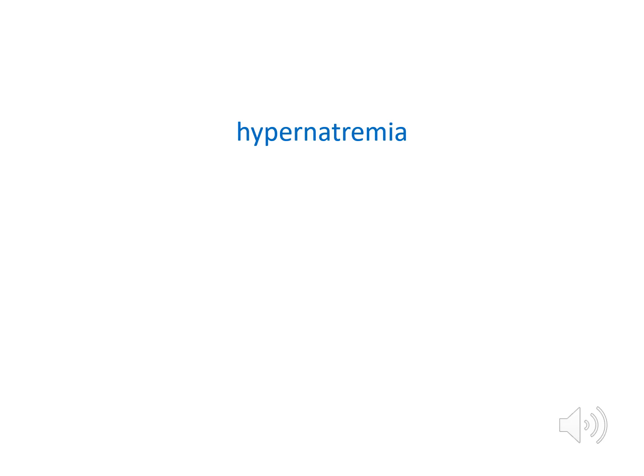All right, what about the opposite problem, hypernatremia, or higher than normal levels of sodium in the blood? Well, there are also two ways you can become hypernatremic. First of all, you can actually take in a whole bunch of extra sodium. For example, patients who are near drowning victims in the ocean. They might have taken in a whole bunch of ocean water, and seawater is really salty.